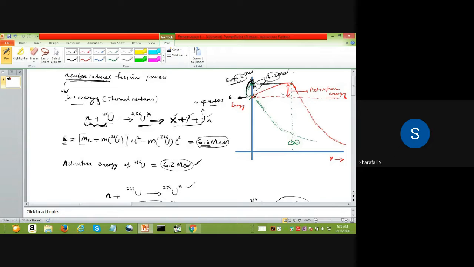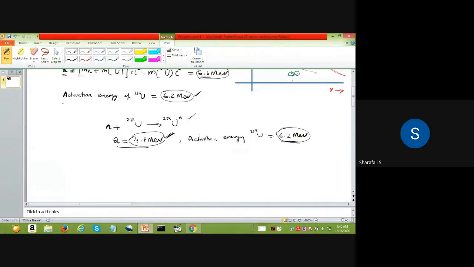When they go to the excited state, they have enough energy, which is more than the activation energy required. So no potential barrier is there. From there the nucleus readily goes to the fission process, because the potential barrier is not there, activation energy is not required, and the nucleus is already in the excited energy state. Such nuclei are called fissile nuclei. Okay, such nuclei are called fissile nuclei.